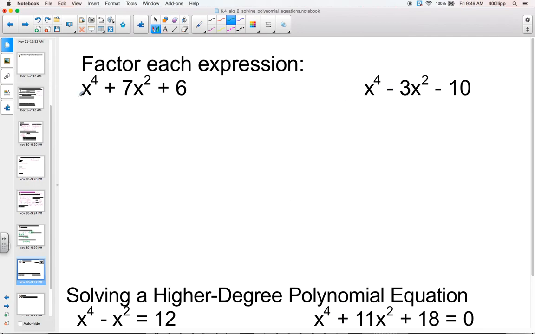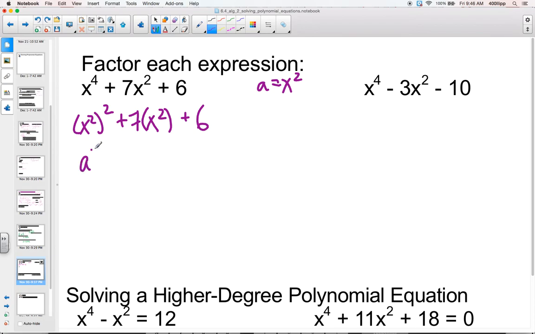So if we look at this one here, I'm going to do it the same way, where I'm going to write it as something squared, something linear, and then my constant. So in here, I'm going to write this as an x squared, and then again, I'm going to let a equal x squared. So I'm going to substitute my a in for x squared here now.